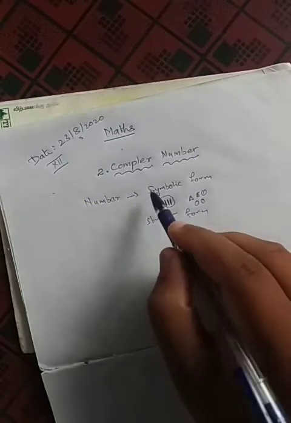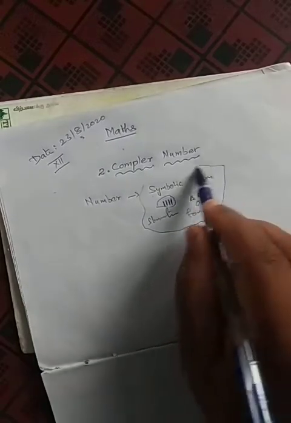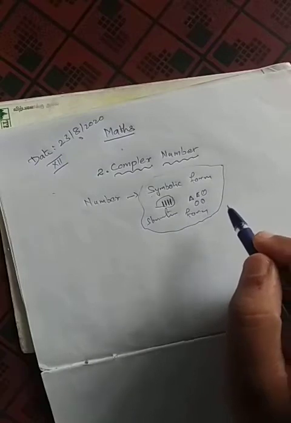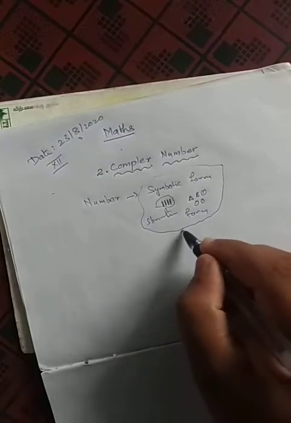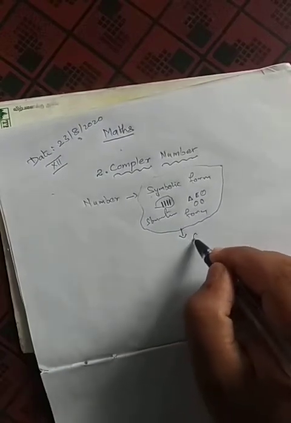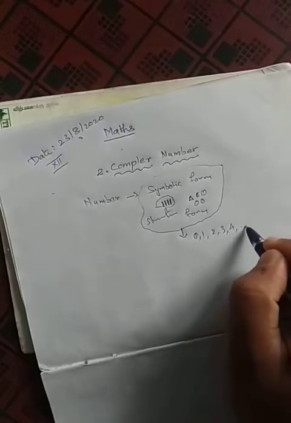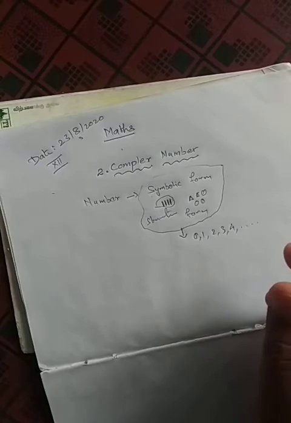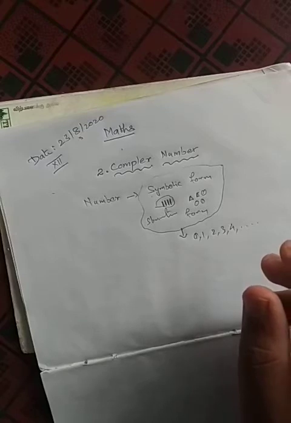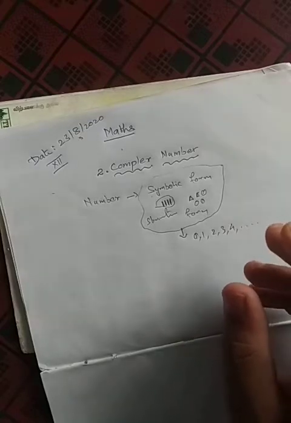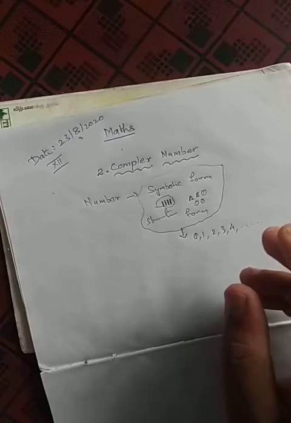Slowly the symbolic or structural form changed into our present number system, like 0, 1, 2, 3. We don't have particular dates for it, because nowadays it's a global village, as we say. Whatever happens in any corner of the world, we can easily know in a fraction of time using a phone.